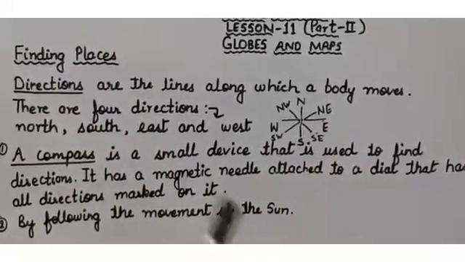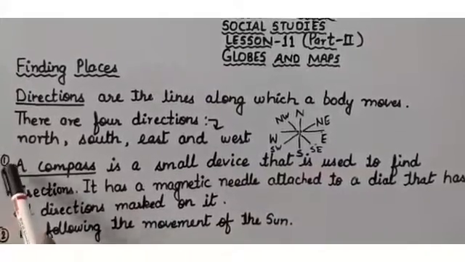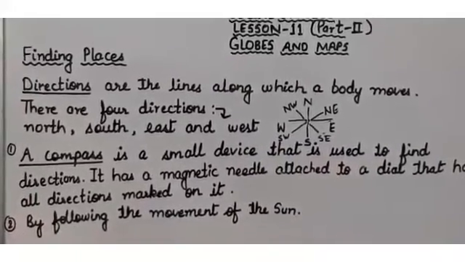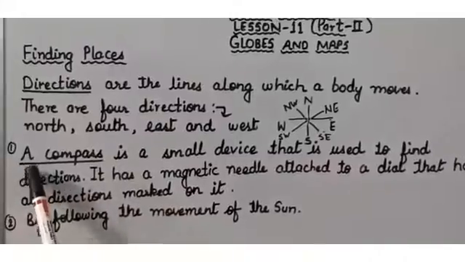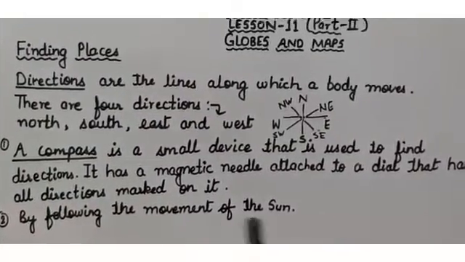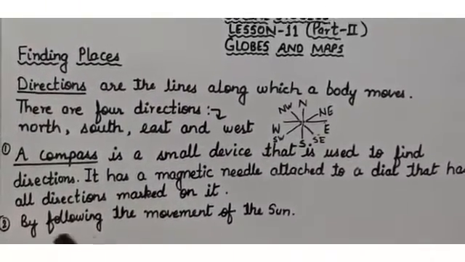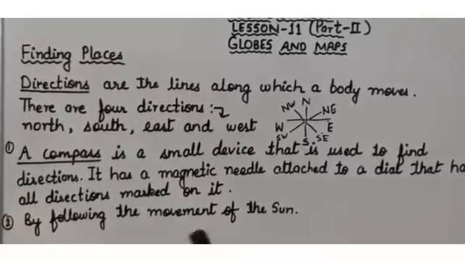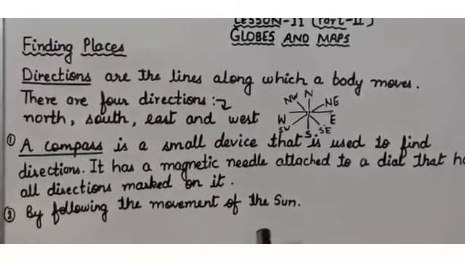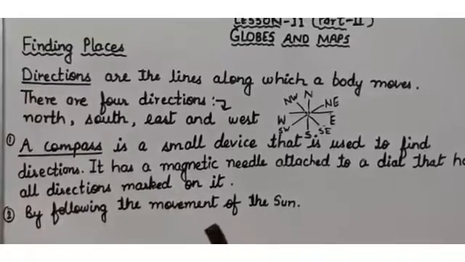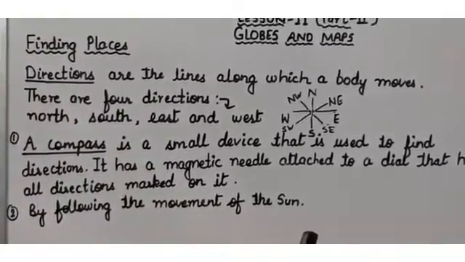And after that how to find directions. There are two ways we have learned to find the direction. One, through the use of compass, and second by following the movement of the sun. This second one you can also practice at home, by standing towards the rising of the sun.